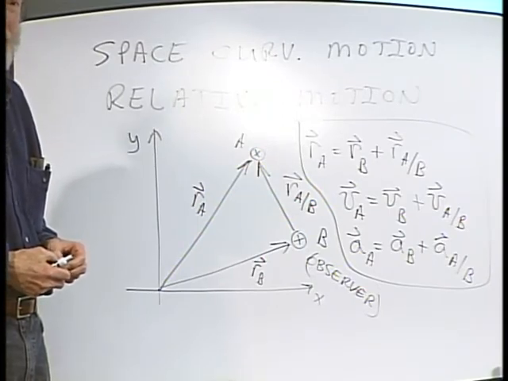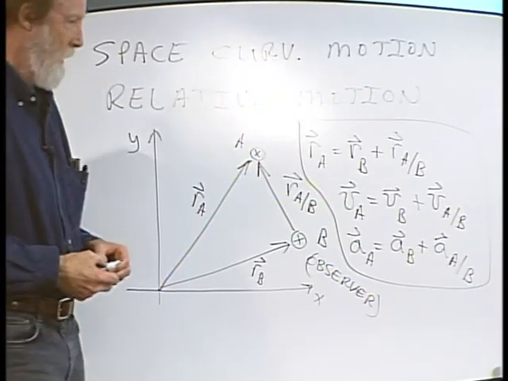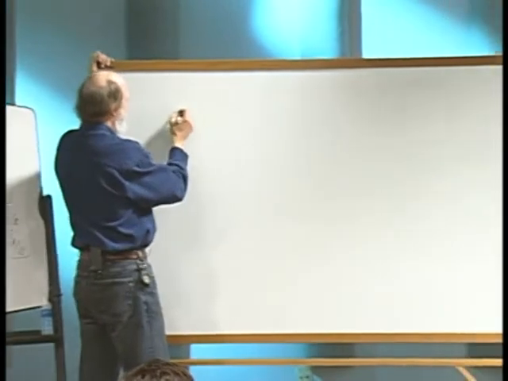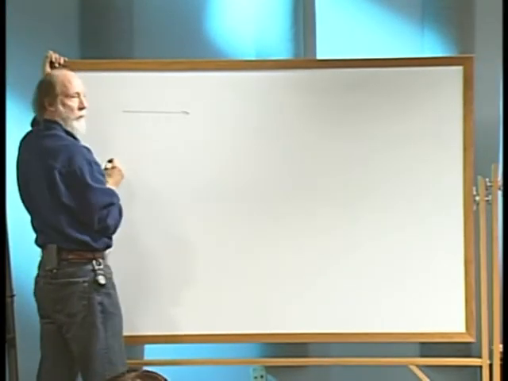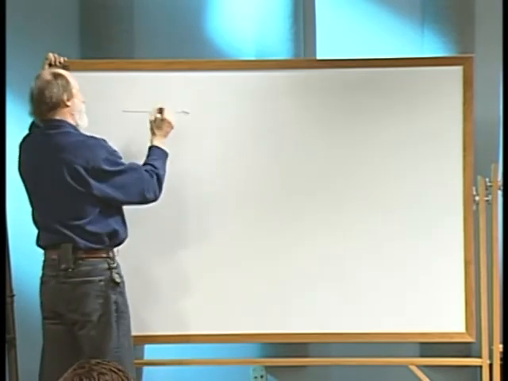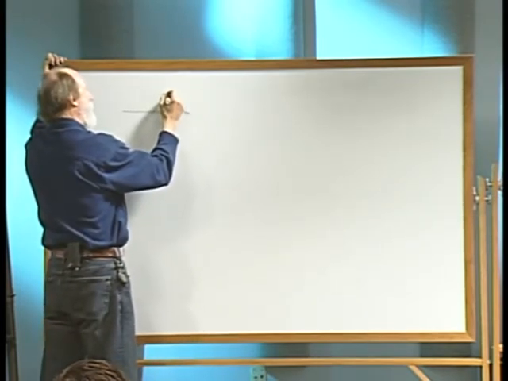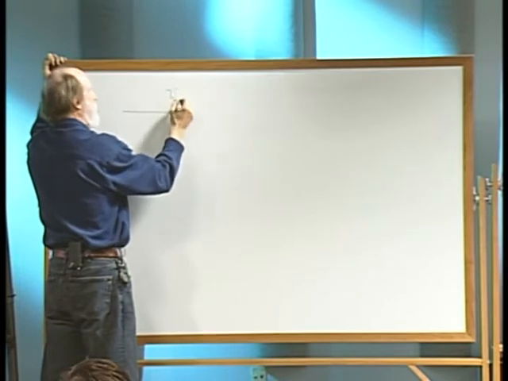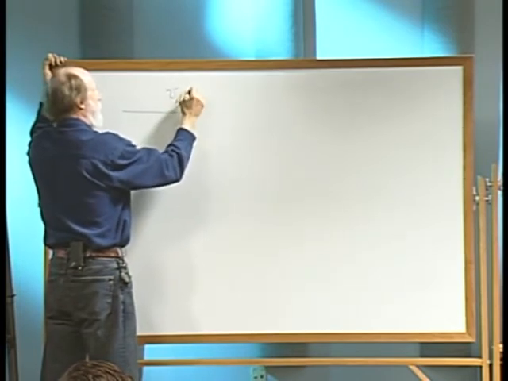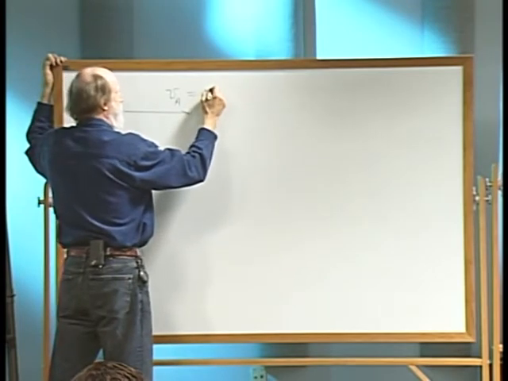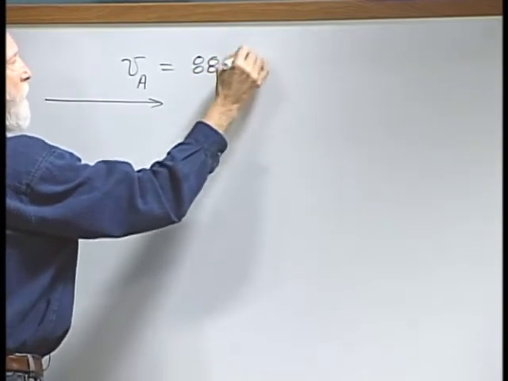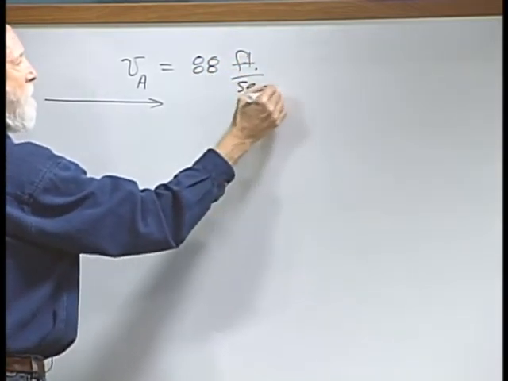Is that right? Okay. So let's say that we have a vehicle that's traveling like this. Let's call this vehicle A, and let's say its speed is 88 feet per second.